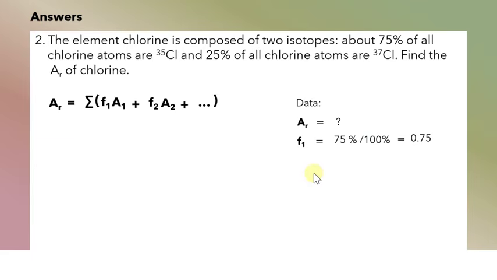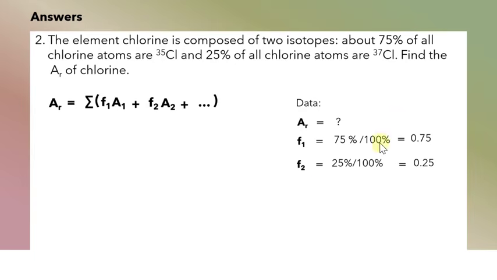Then the next one, F2, is for the second chlorine isotope, which is 25% of all chlorine atoms are 37. So the one with 37 has a fractional abundance of 25 over 100, which gives us 0.25.